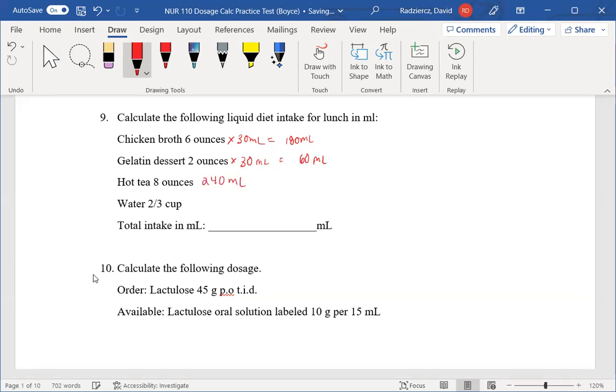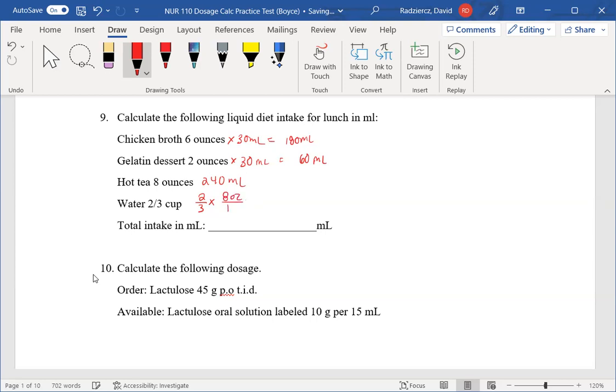And then what about this? 2/3 cup. Okay, so we remember now this is where it gets a little bit challenging. But I'm going to do the same thing I showed you before. I'm going to take 2/3 times what's a cup? We know that a cup is 8 ounces.